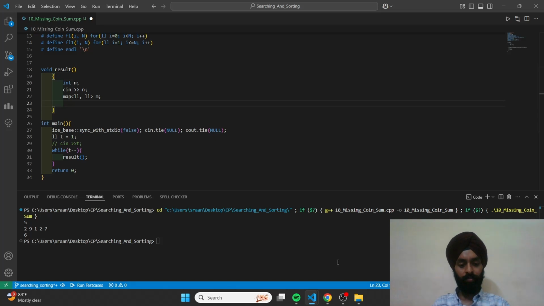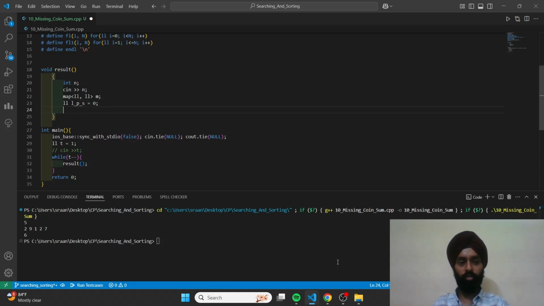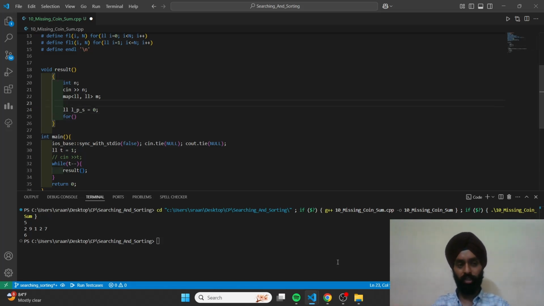Then we will take a long long largest possible sum. Initially, the largest possible sum will be 0. Then we will run a loop. Oh, sorry. First, we have to take values for our coins. So we have to run a loop n times.